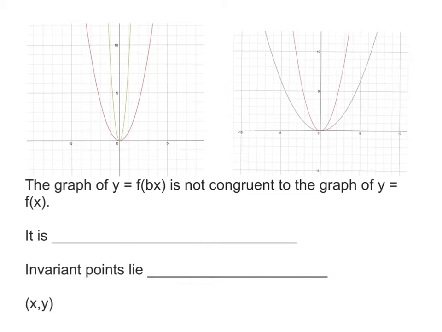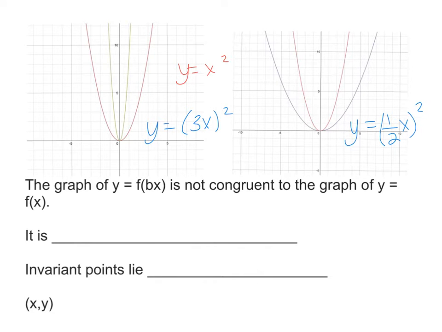Then we had these ones where you were graphing y equals x squared. But then you also did, I think, let me check, y equals 3x squared and y equals 1/2 x squared.